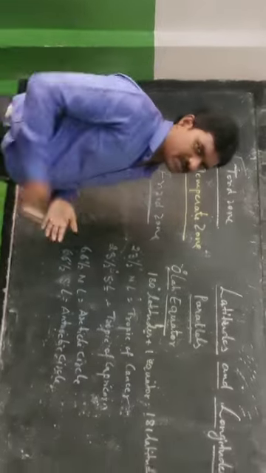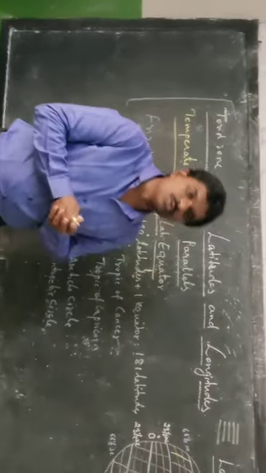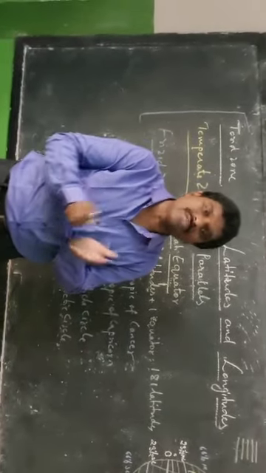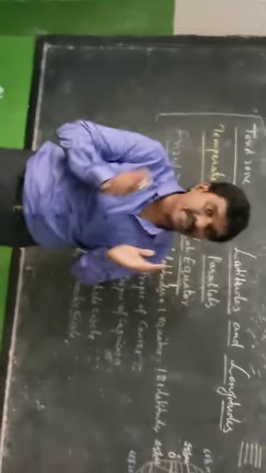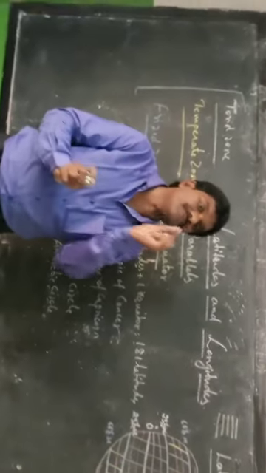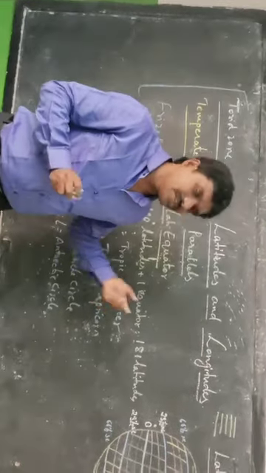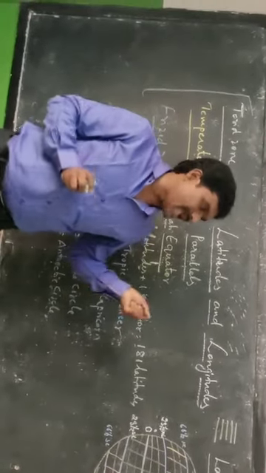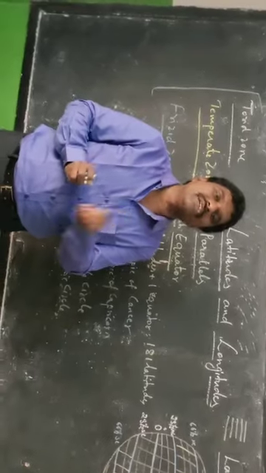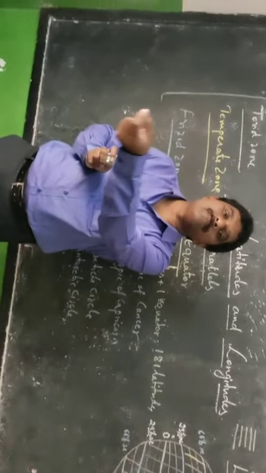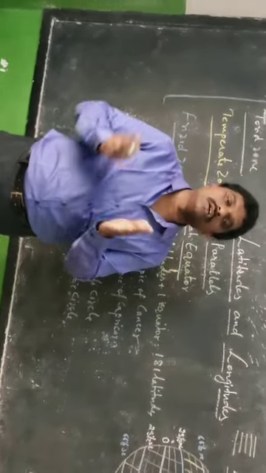These latitudes form angles, and they are very useful to identify a place on the globe. Based on the location of a country as per these latitudes, we can easily identify a particular place on the globe.